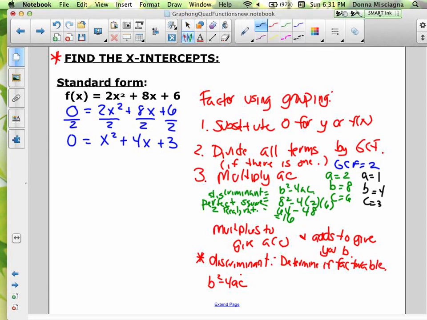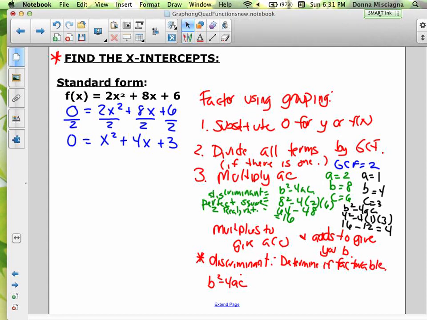So we have b squared minus 4ac, and that would give us 4 squared minus 4 times 1 times 3. So that's 16 minus 12, and that's equal to 4. Also a perfect square.